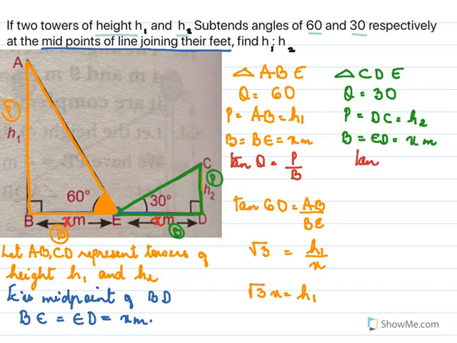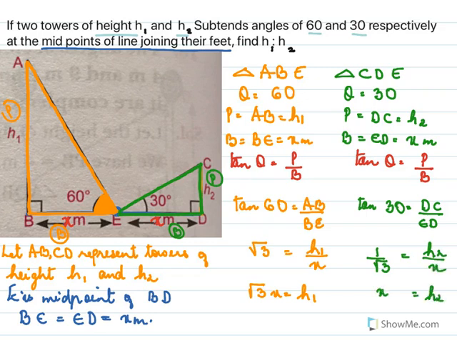So we have tan theta is perpendicular over base, and tan 30 equal to perpendicular DC, base ED. So tan 30 is 1 by root 3, DC is h2 over x. So h2 is x over root 3.